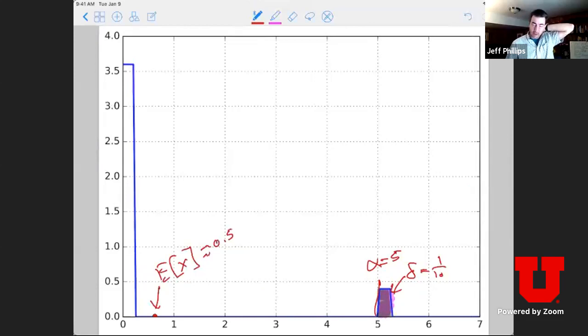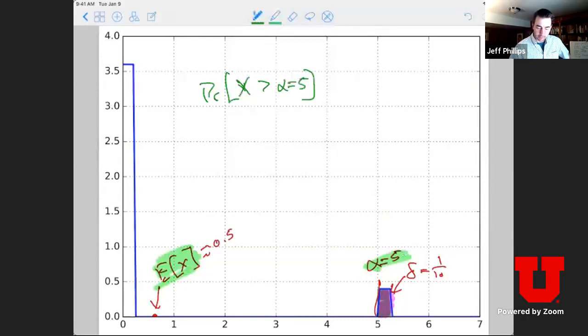If I have this case, the Markov inequality is going to give me a pretty good estimate of how much mass can be alpha away. If I apply the Markov inequality, I just look at alpha and the expected value, and I will write down that the probability that x is greater than alpha equals 5 should be less than some quantity.